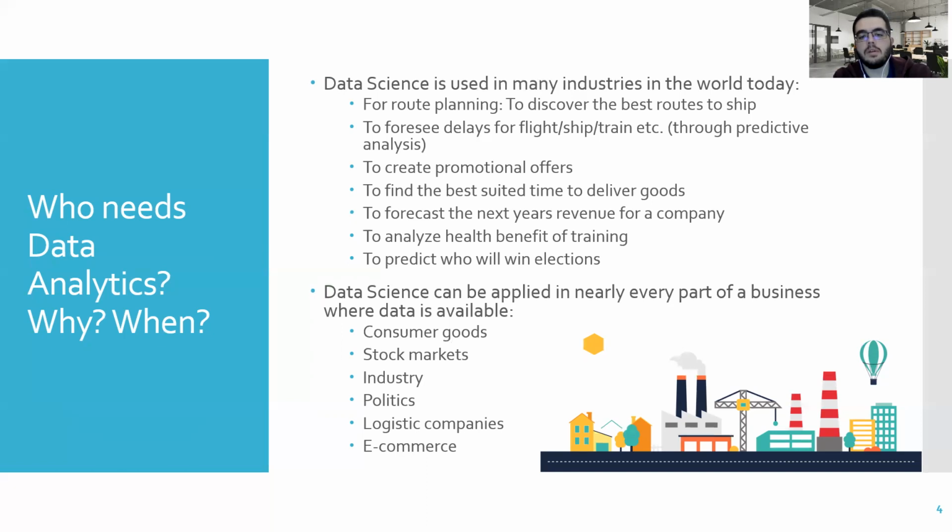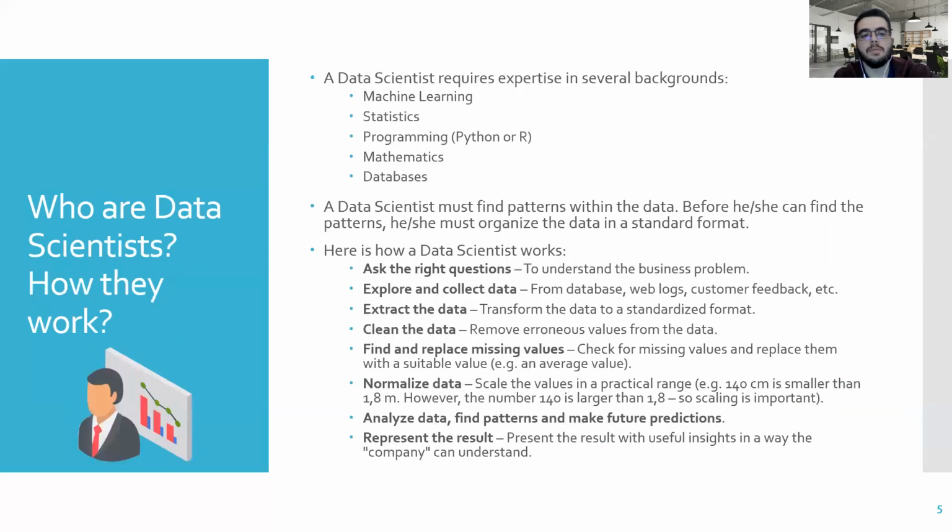Also, data science can be applied in almost any part of a business where data is available, like consumer goods, stock markets, industry, politics, logistic companies, or e-commerce business, and many others also.